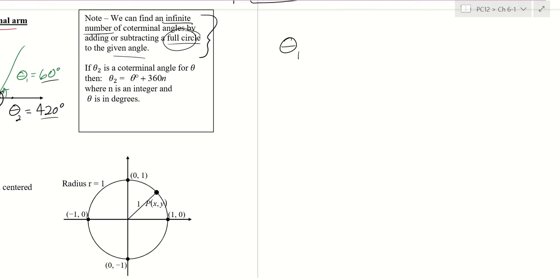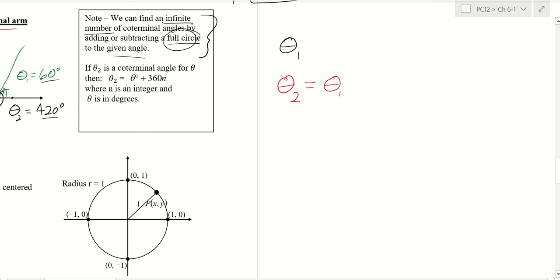Theta 2 is some angle coterminal to theta 1 if we just take theta 1 and add 360 degrees. Or we could add 360 degrees twice. Or we could add 360 degrees 3 times. Or we could add 360 degrees, excuse me, it's not erasing.